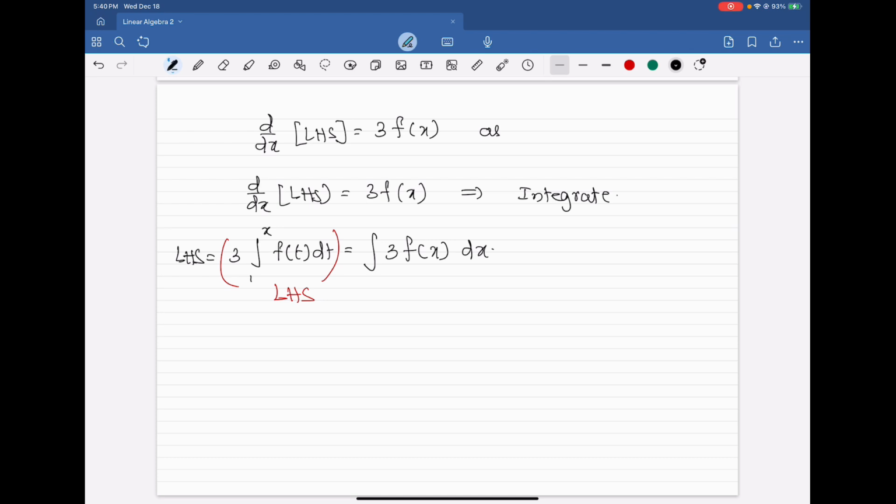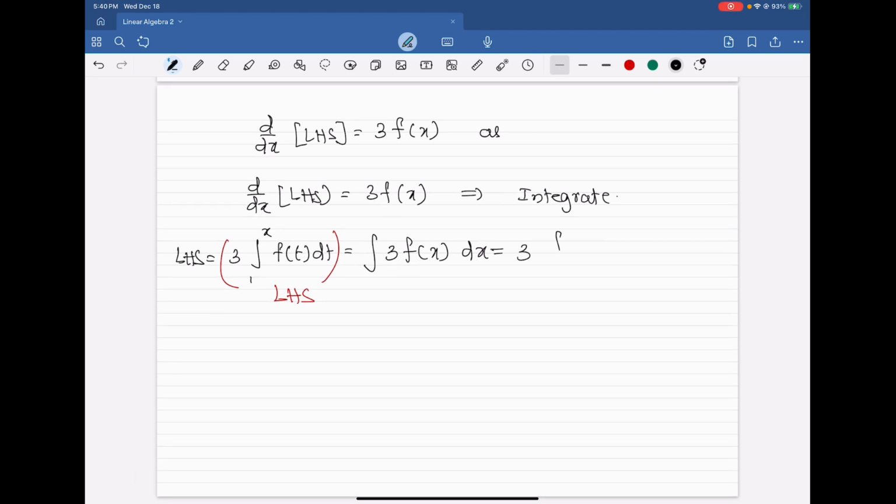This is nothing but 3 into integral of f x dx. That means I can write the left hand side as 3 into integral of f x dx, that is equal to x f x minus x cube by 3. That's what is given in the problem.